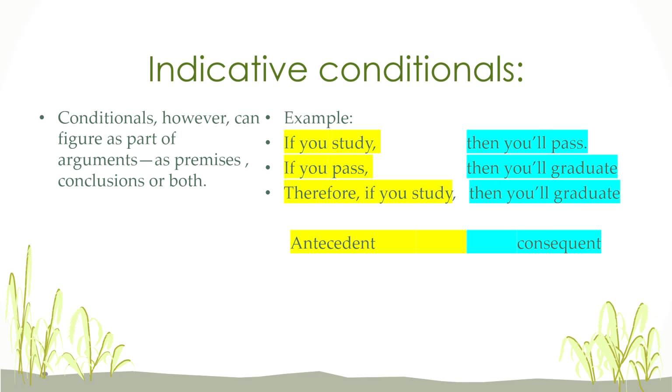The consequent in the first sentence was transferred into the second sentence and was used as the antecedent. So if you notice, the consequent in the first sentence became the antecedent in the second sentence. In the conclusion, we use the antecedent from the first sentence and the consequent from the second sentence.